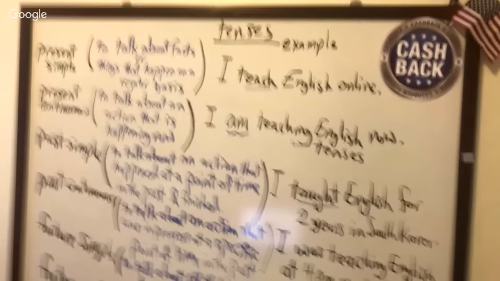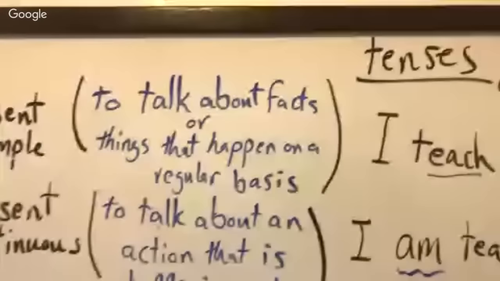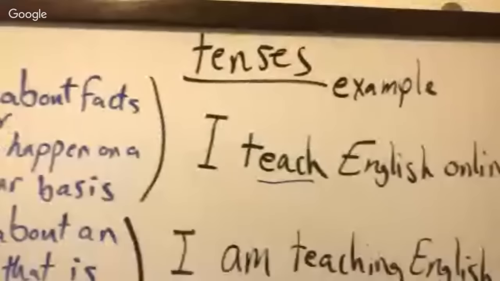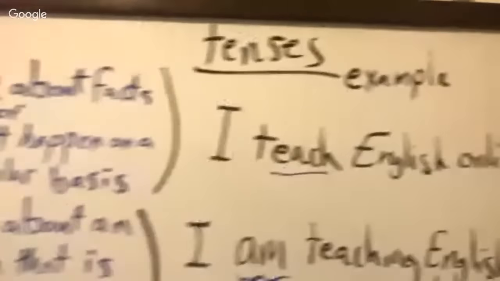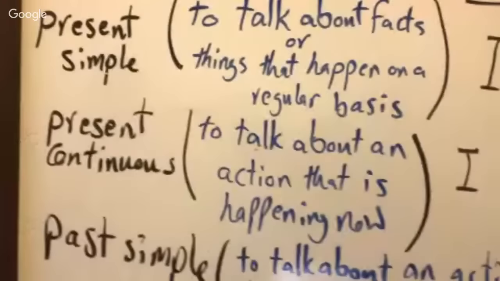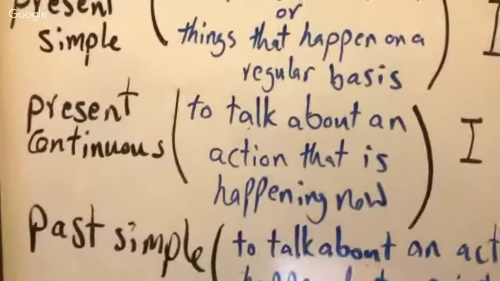So, good. Present simple, to talk about facts or things that happen on a regular basis. The example is, I teach English online. And then present continuous, to talk about an action that is happening now.